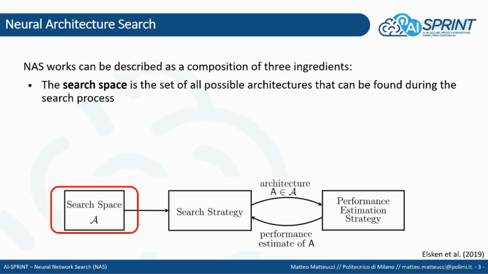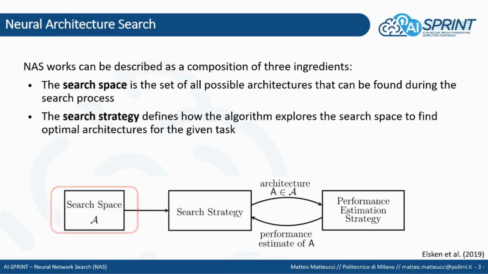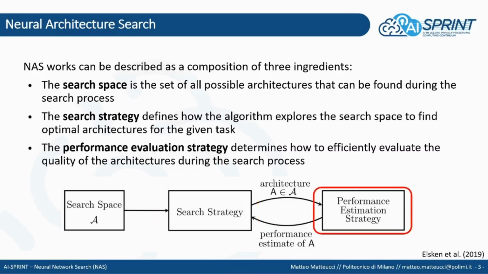Depending on how you structure this space, you might find one specific architecture or not. The search strategy is the way we pick models from this space. We call it exploring the search space for the optimal architecture. Finally, the performance evaluation strategy. We would like to provide an evaluation of the architecture, and we will provide this evaluation in the most efficient way.